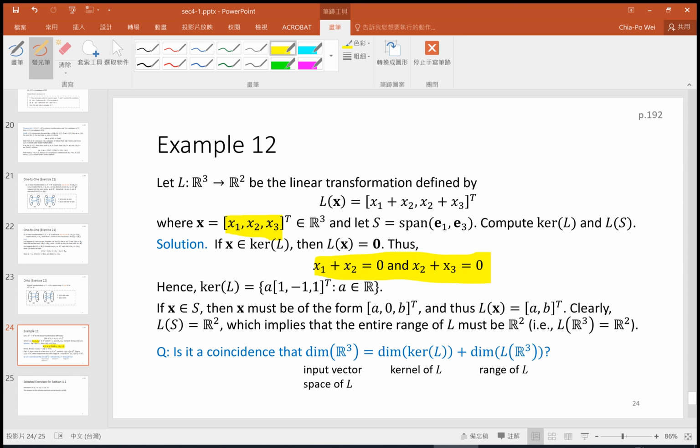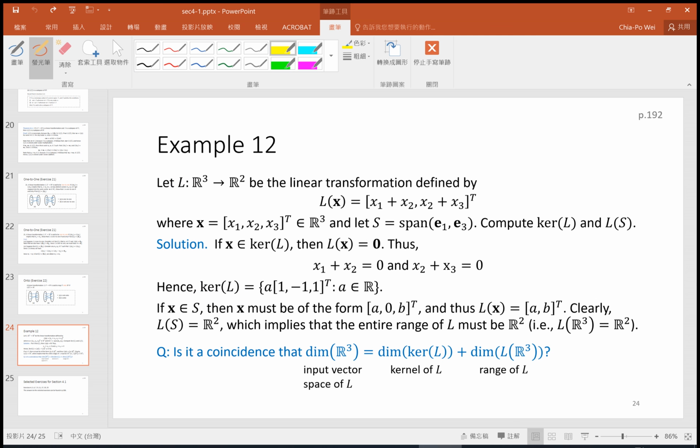So the number of degrees of freedom is 1, and the dimension of the kernel of L is 1. Note that L is not a one-to-one function because the dimension of the kernel of L is 1, and because the kernel of L does not equal the set containing only the zero vector, L is not a one-to-one function.